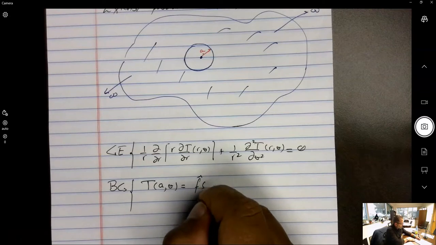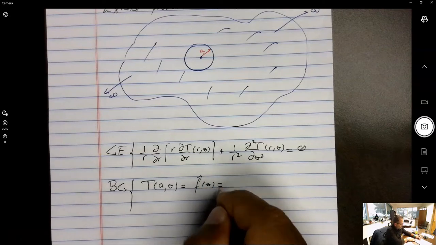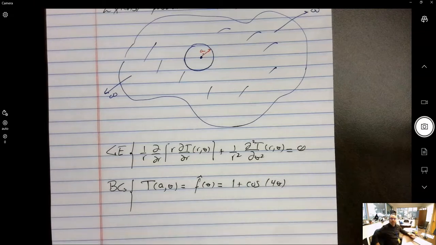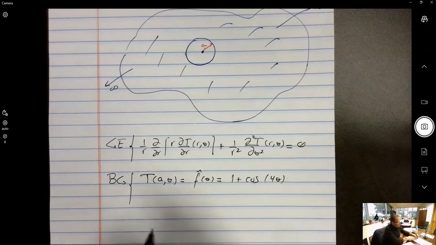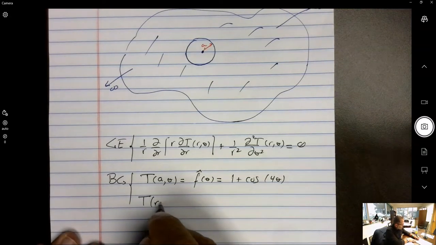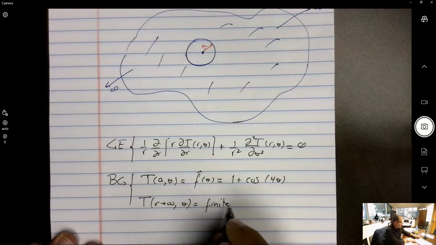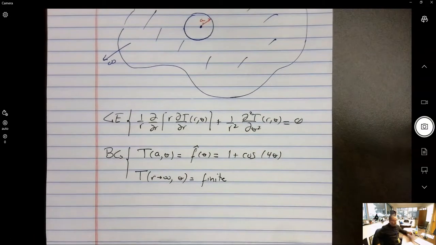Let's just make it 1 plus cosine of 4 theta. So let's just make it something not arbitrary for now, so we can solve this problem to a particular solution. And the other thing that we know is that t as r goes to infinity should be finite, should exist. It cannot be infinite. We don't know if it goes to 0, but we know that it's finite.